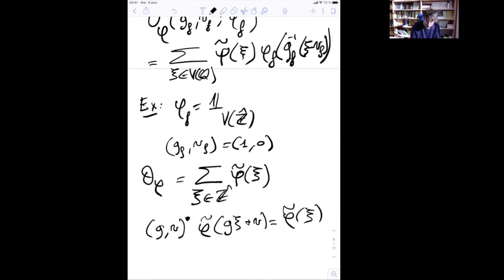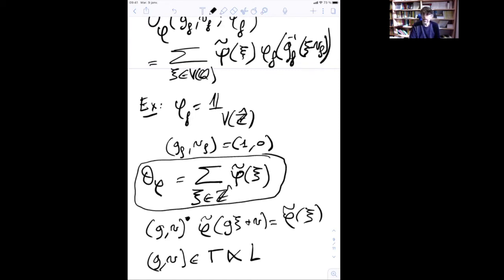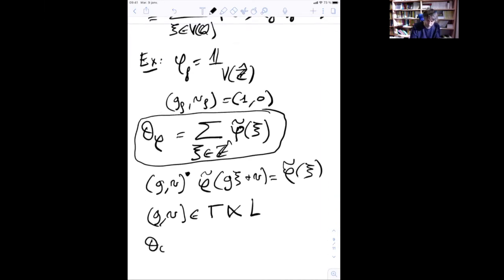And now if g_V belongs to gamma semi-direct product L, which is Z^n, then g_V preserves the lattice. So in fact, the sum we are considering here is invariant under the semi-direct product. So theta phi is gamma invariant, semi-direct product gamma L invariant.